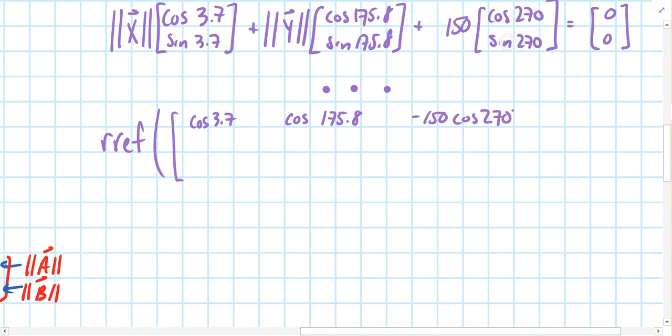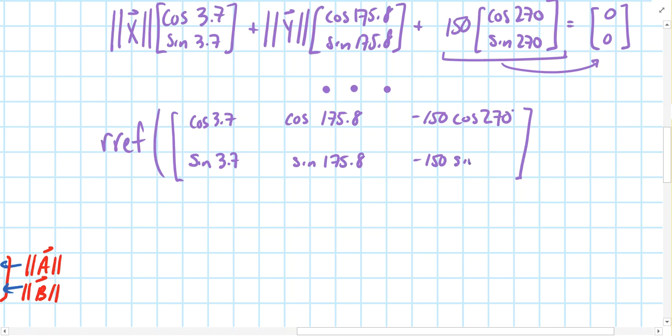And I'm calling this negative 150 because we know that this term does get subtracted and moved over to the right-hand side. We can do that math mentally if we want, but I just want to prove a point here that all of this can be done simultaneously with the calculator. And so the setup here is going to be sine of 3.7, sine of 175.8, and then negative 150 sine 270.